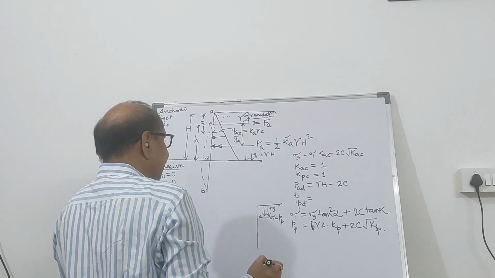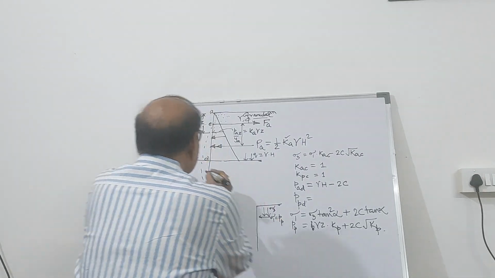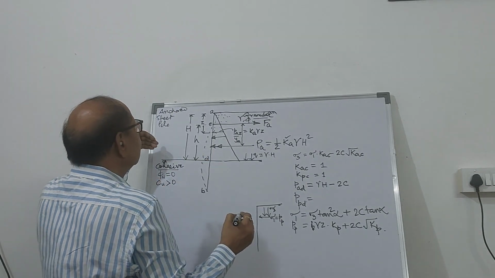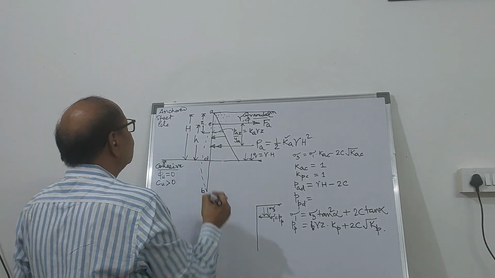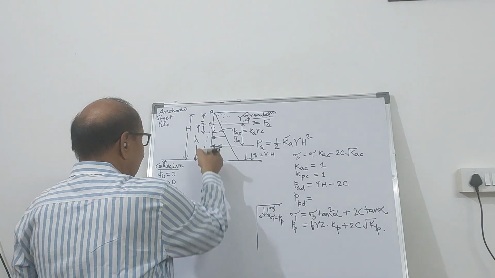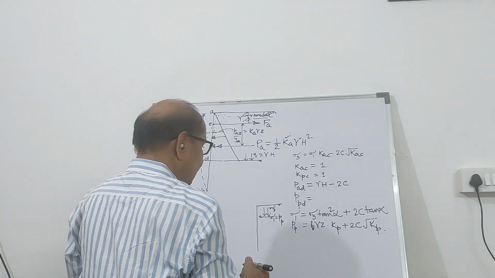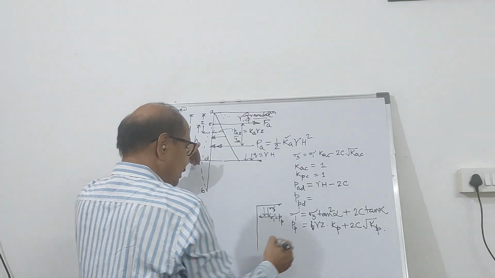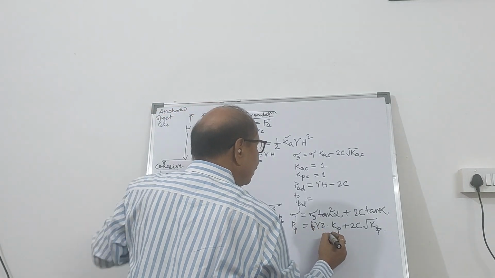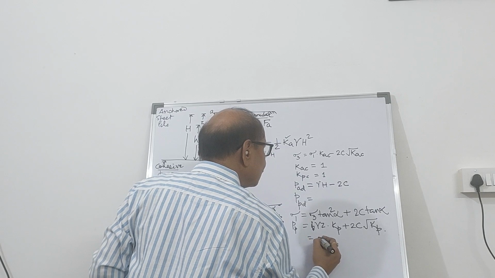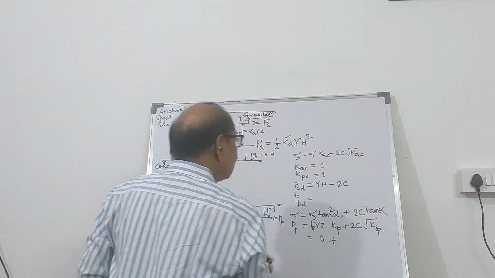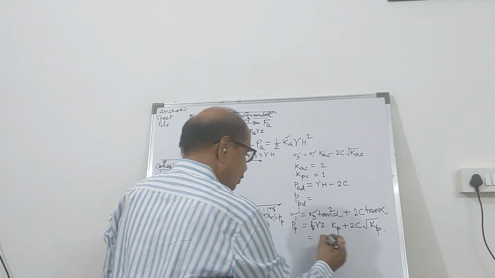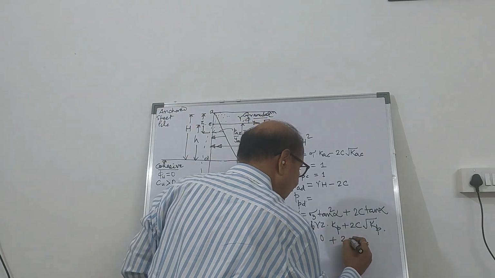Therefore, at D, on this side, what is the passive pressure? Because the vertical pressure is going to be 0, this component becomes 0, because there is no surcharge here, and therefore it becomes 2C.